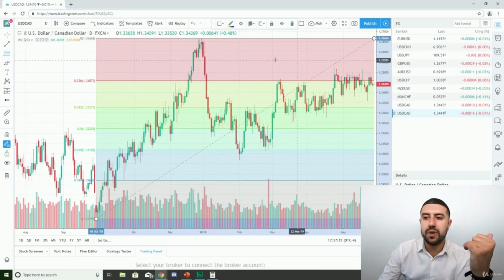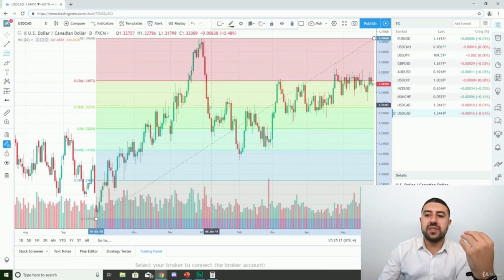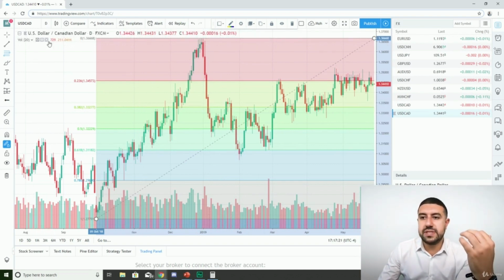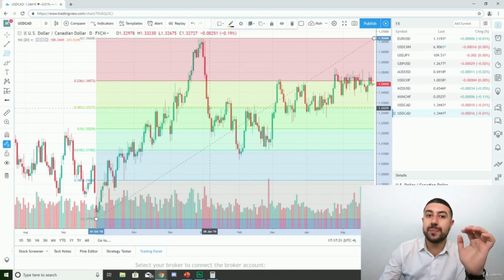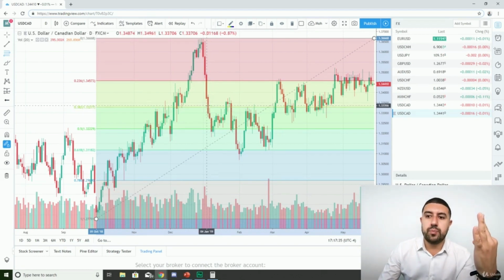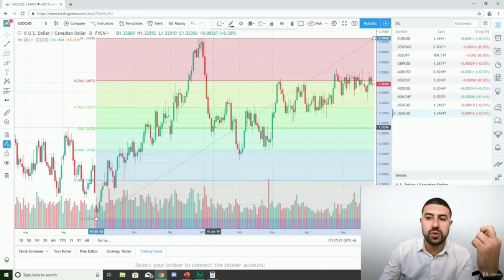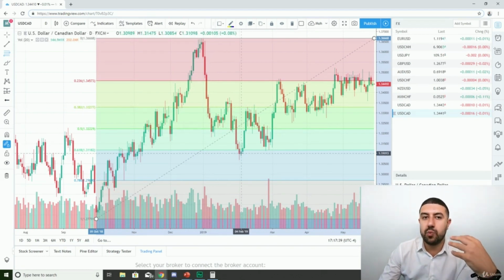So one of the ways you would trade something like that, if you want to go long, in this case USD CAD, and you don't want to buy at just any level, and you expect the trend to continue, is to split your orders. One of the ways I like to trade is to split my orders in 3, putting a quarter of it somewhere, another quarter somewhere else, and then half of it somewhere else.